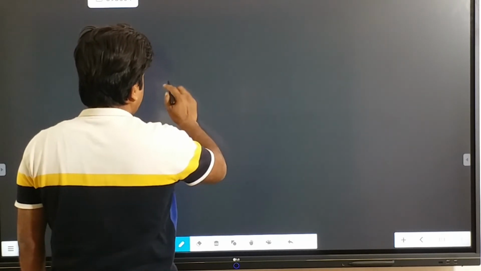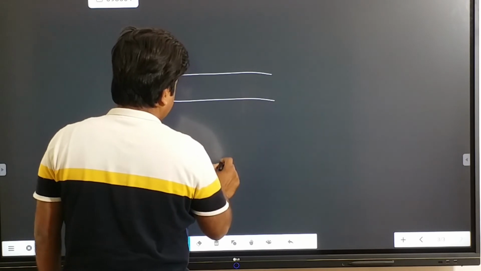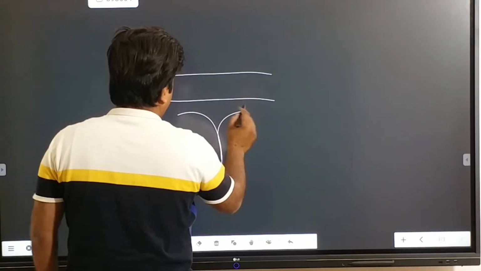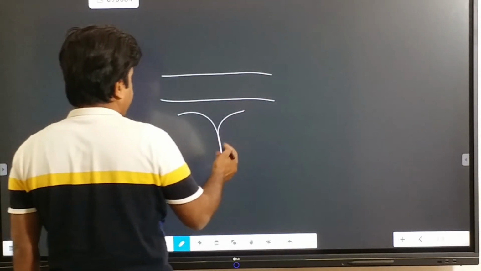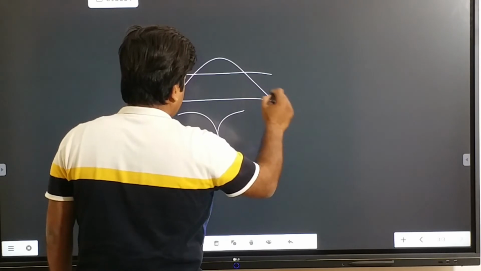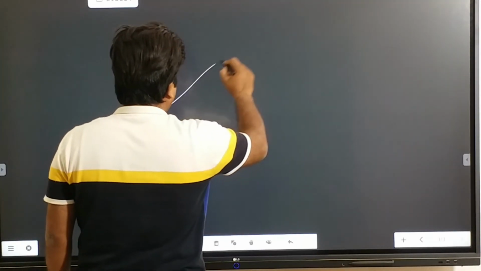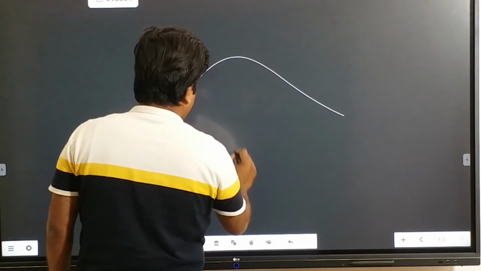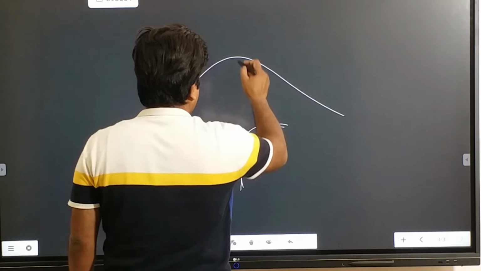So whenever this divergence will take place beneath the continental plate, because the continental plate is much thicker, the first thing that will take place is that the whole continental area will get domed. So first this doming will take place.